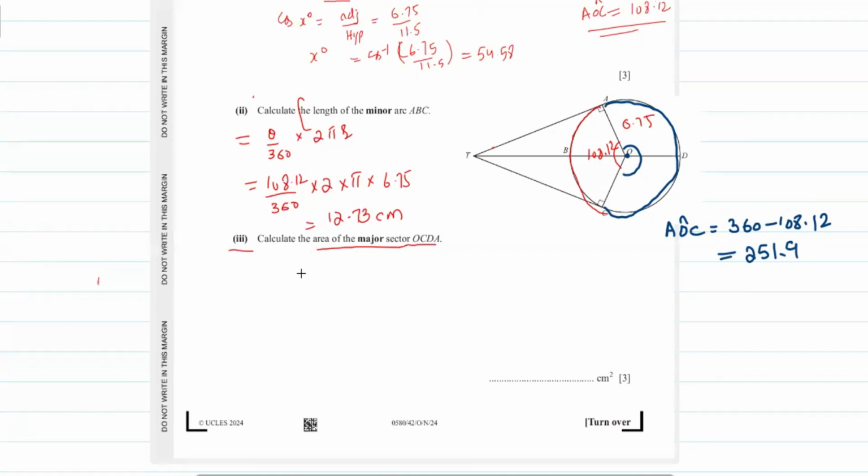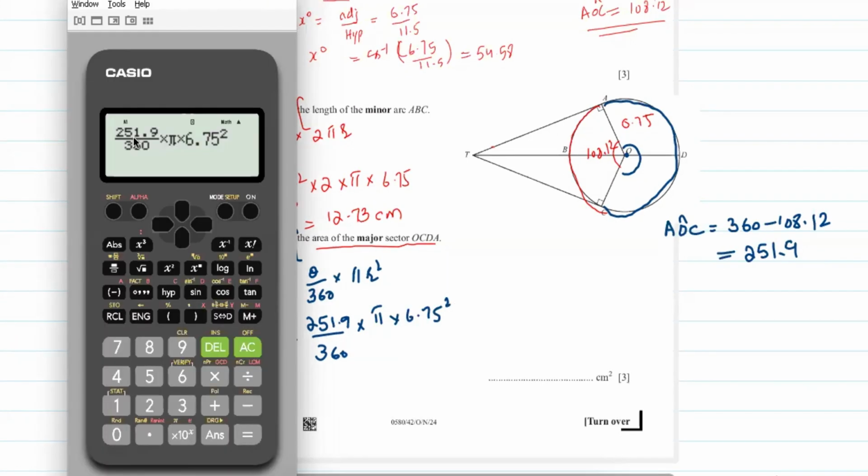Therefore, the area of the major sector will be equal to theta over 360 multiplied by pi r squared. Here the theta is 251.9 divided by 360 multiplied by pi, r is 6.75 squared, and this value will be equal to 251.9 over 360 multiplied by pi into 6.75 whole squared.